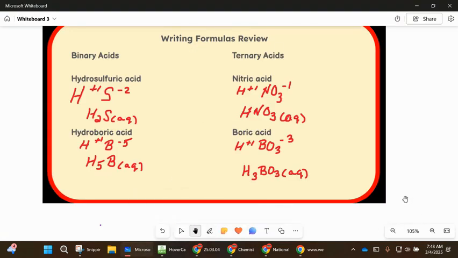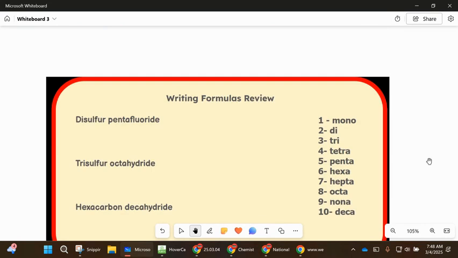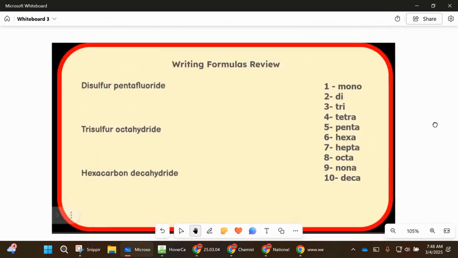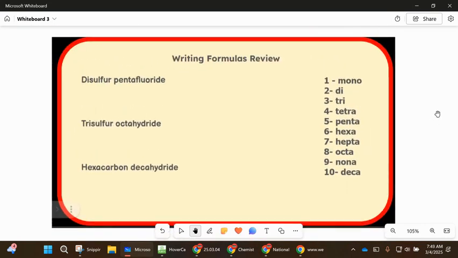This is the next slide in the agenda. So, disulfur pentafluoride. Di and penta are your prefixes. Di goes with sulfur. Di means how many? Now, the prefix is before, but it shows up as the number after the symbol.